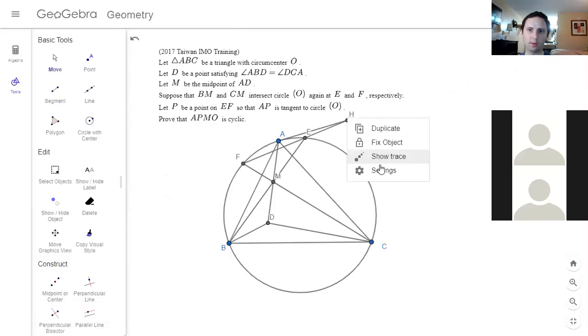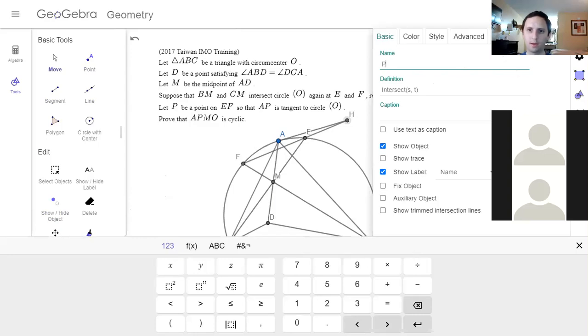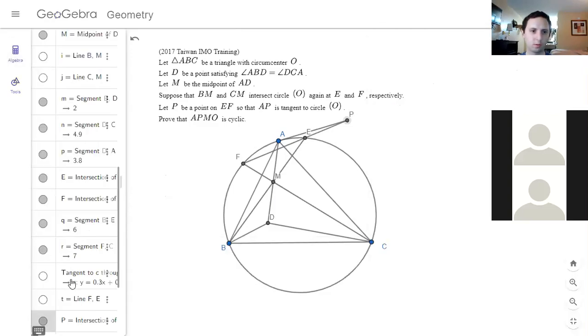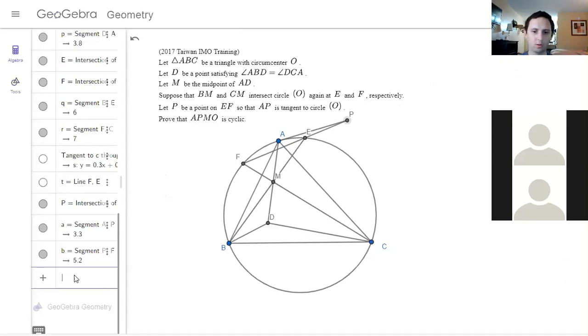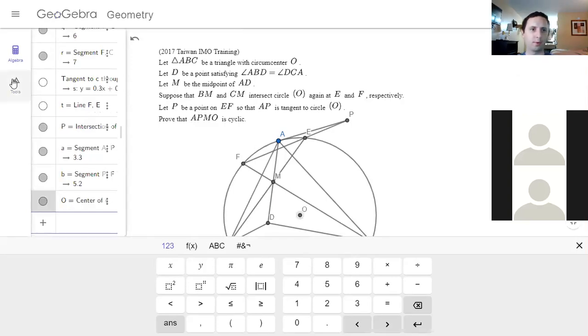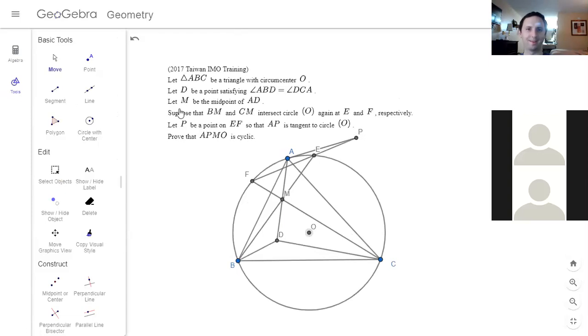So this is P. And O is the center. I think the circle is called C. I'm not 100% sure. There we go. So APMO. That's like the Asian Pacific Math Olympiad.